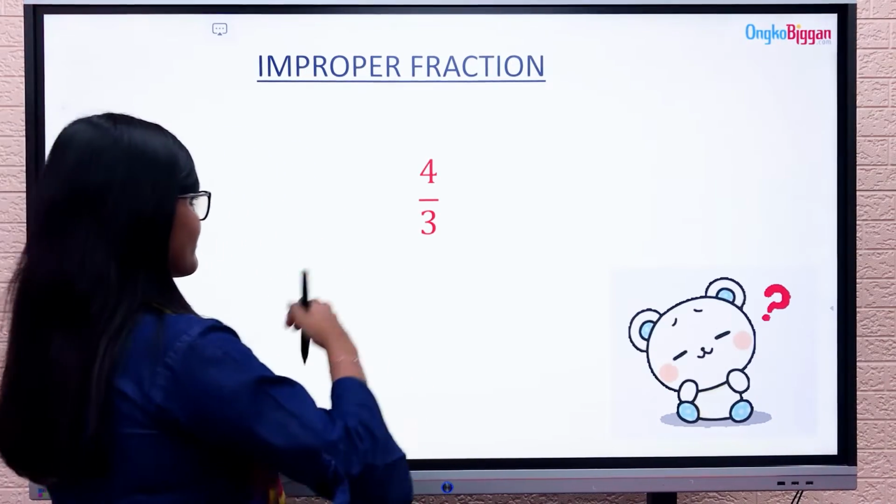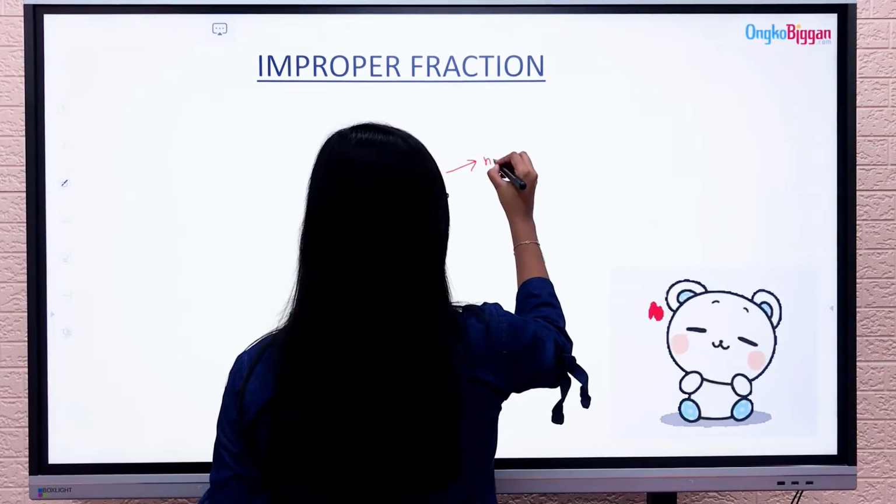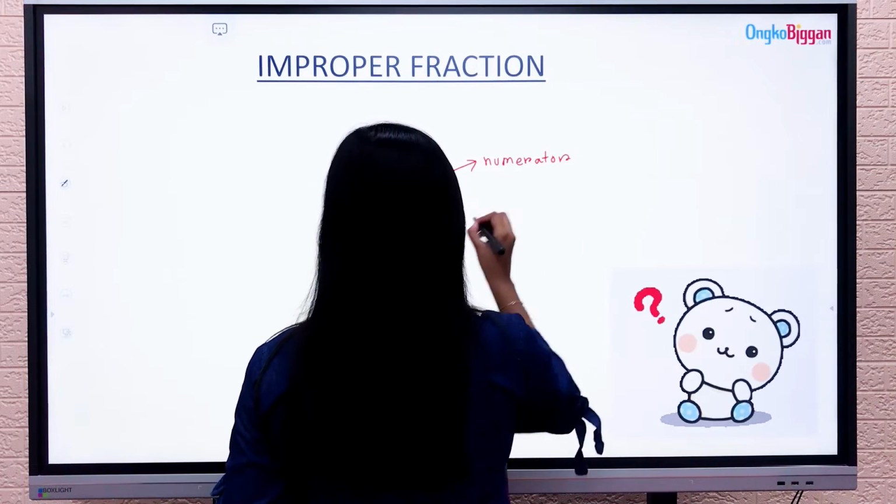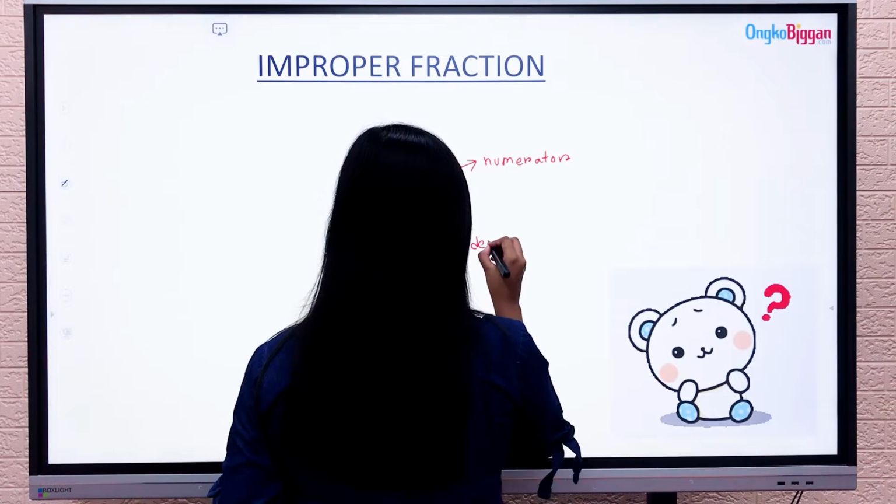That means the numerator value is larger and the denominator is smaller.